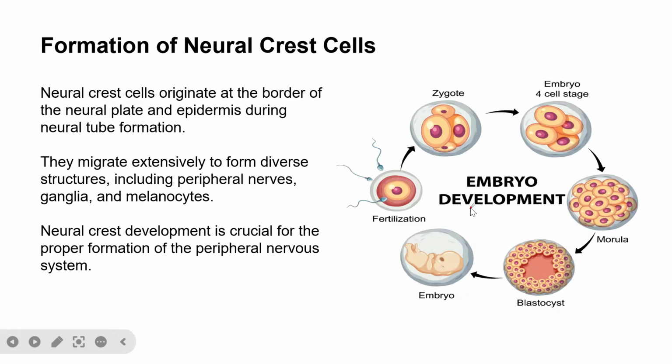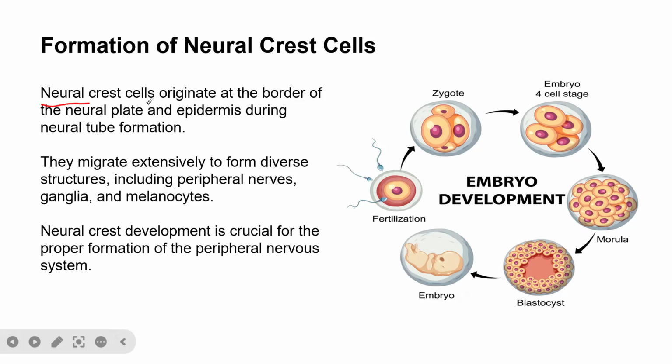So then the next thing after this is the formation of neural crest cells. Neural crest cells originate at the border of the neural plate and epidermis during neural tube formation. Generally, these neural crest cells migrate extensively to form diverse structures, including peripheral nerves, ganglia, and melanocytes.